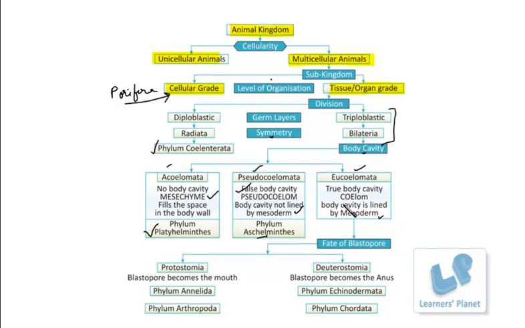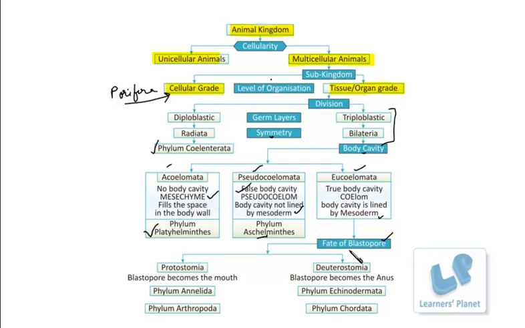Now such type of features are present in a group. Further they have to be subclassified, and that subclassification is done on the basis of the fate of blastopore. I hope you know what this blastopore is. In earlier classes, you must have studied that after fertilization, the zygote is produced.